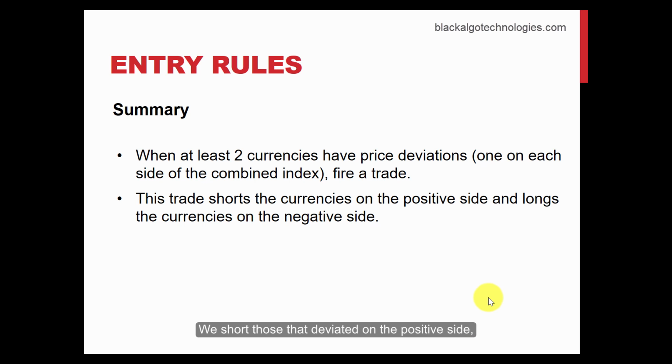We short those that deviated on the positive side and long those that deviated on the negative side. I know this may be a lot to take in right now, but don't worry, when we look at the coding, you'll get a better understanding of how the entry rules are designed and put together.